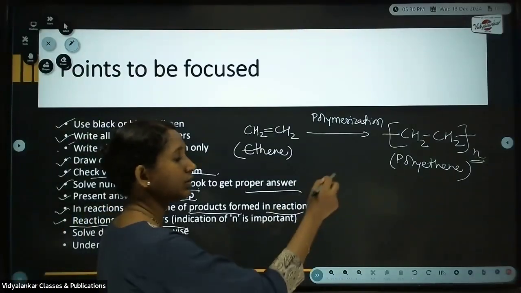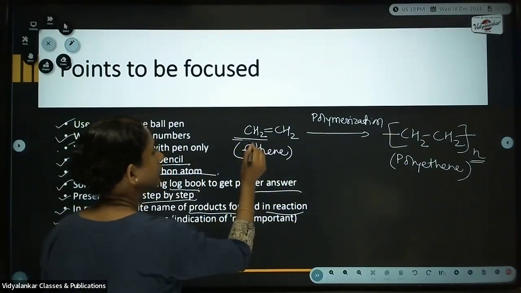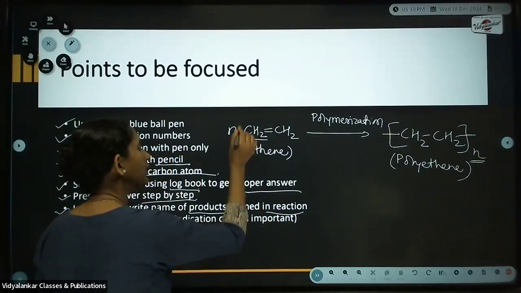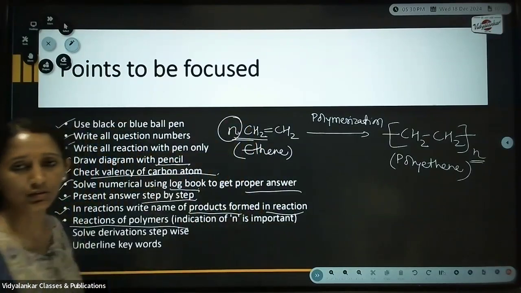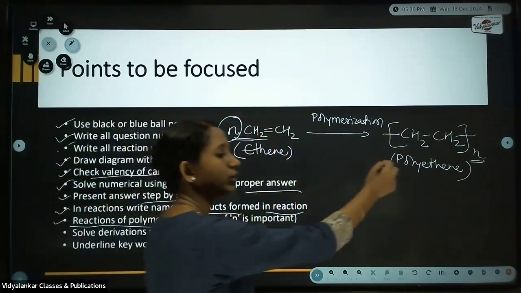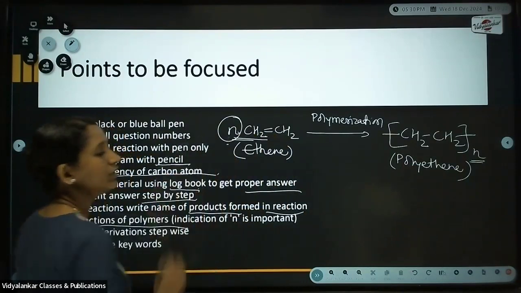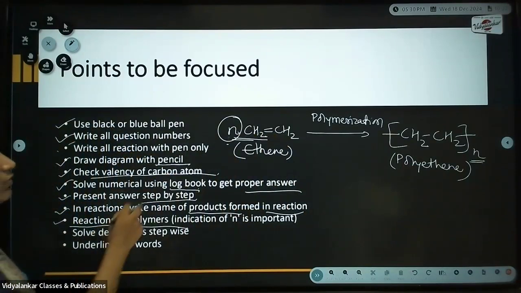So the very important thing is, while writing the reactant, the indication of n is very much important. When n numbers of reactant react, you get the polymer. Clear? So the indication of n carries marks. If you are not writing n on the reactant side, then you are going to lose your marks.